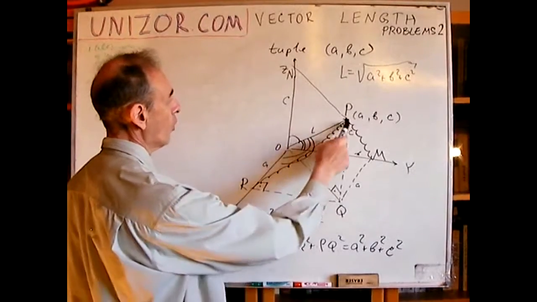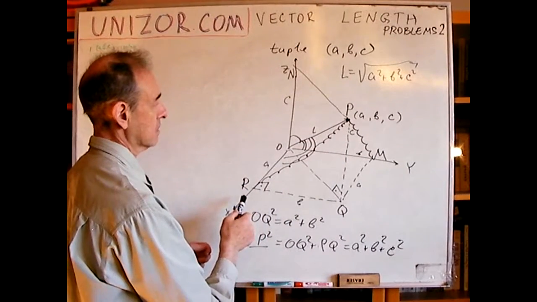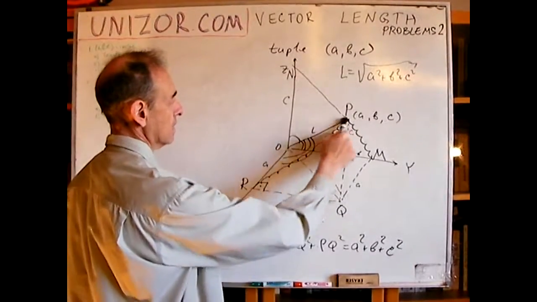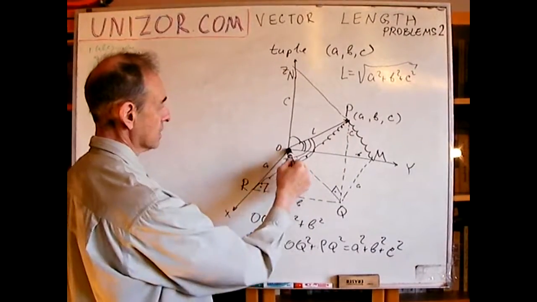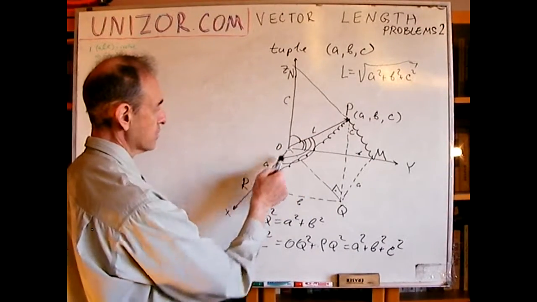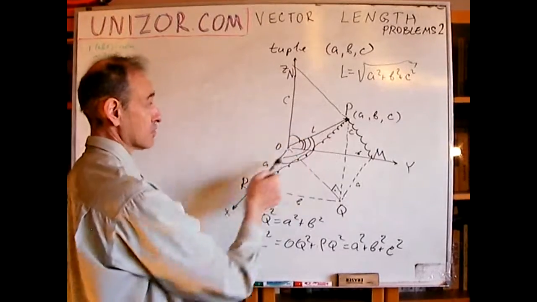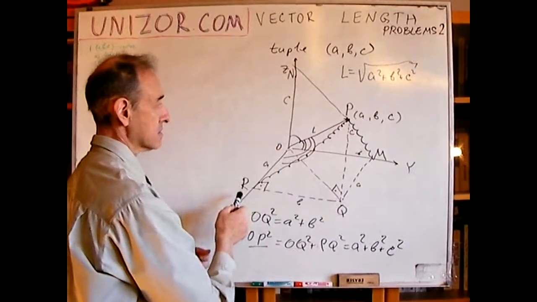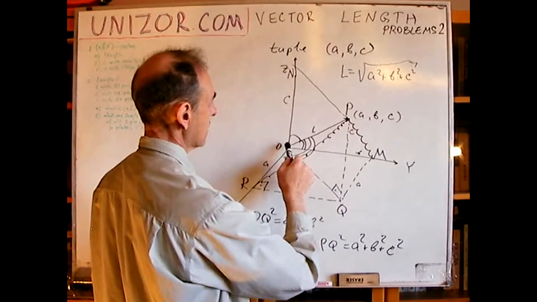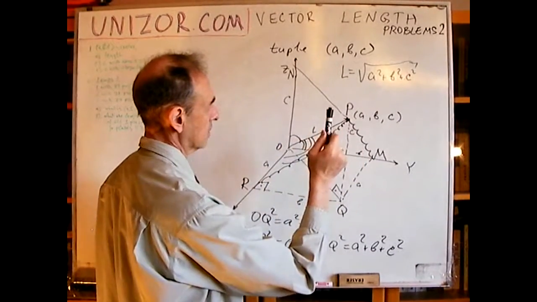So, what do we know about each of these triangles? Let's say OPR, for instance. Well, we know that L is the hypotenuse, and the cathetus is A, because PR is perpendicular to OR. It's a projection from P to the axis. Same thing here. What do we know about triangle, let's say, OPM?